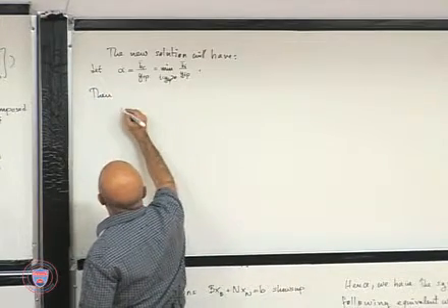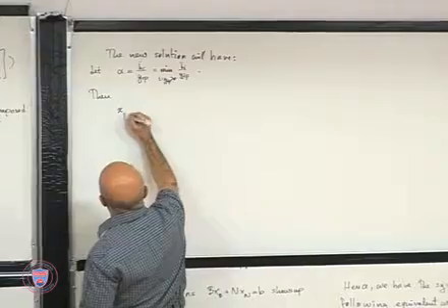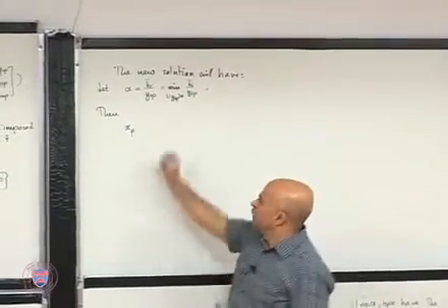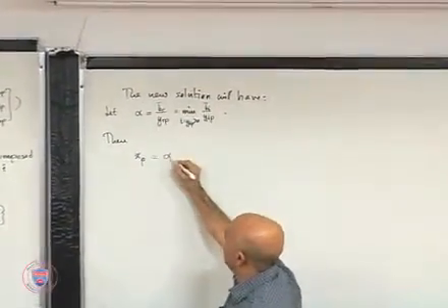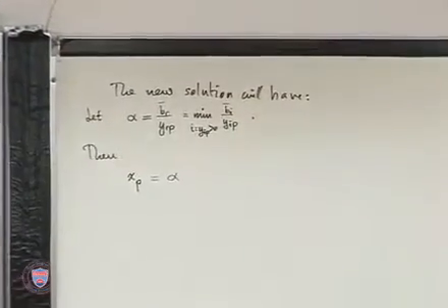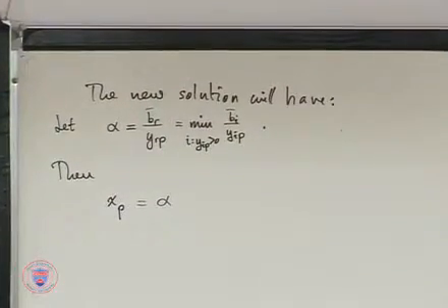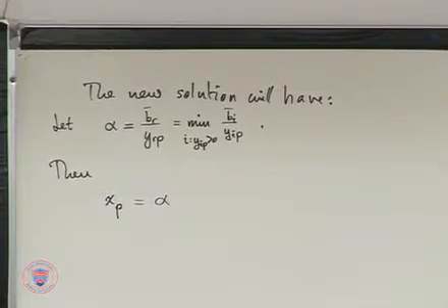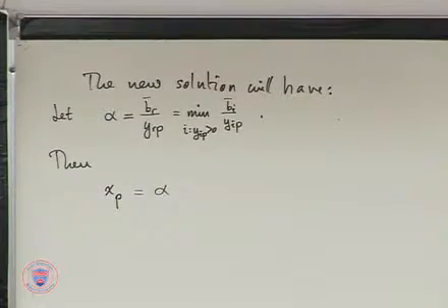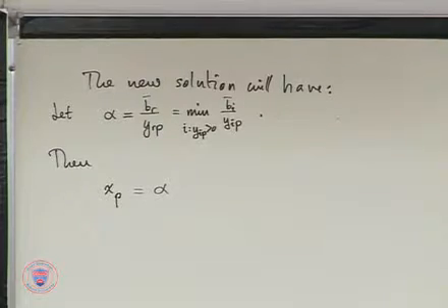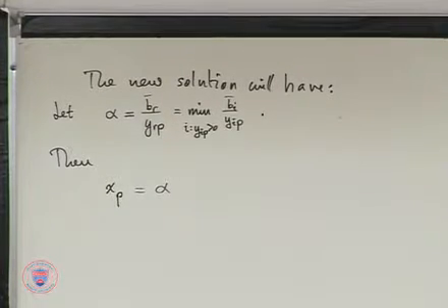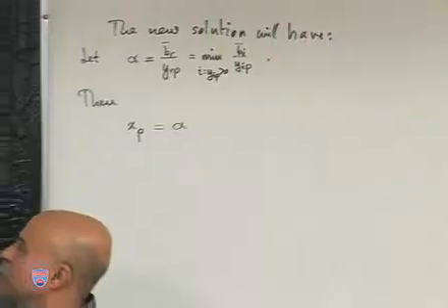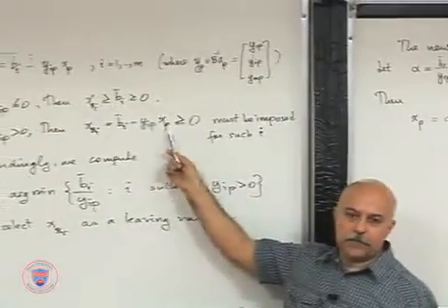Then, in the new solution, of course, the entering variable x_p will be equal to alpha. That's how much you want to increase it, because that's the largest you can make it. Why is that the largest you can make that one? The reason is you want to satisfy this inequality for every such i.